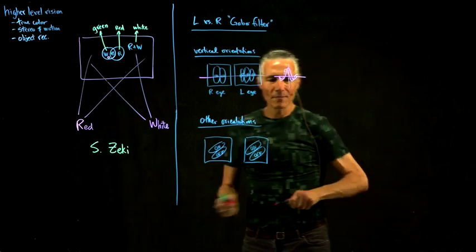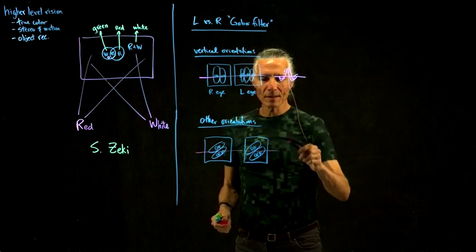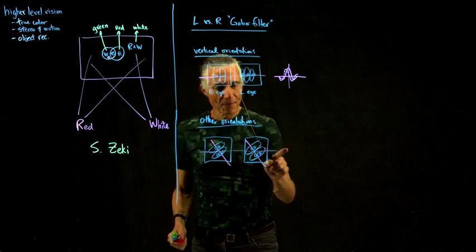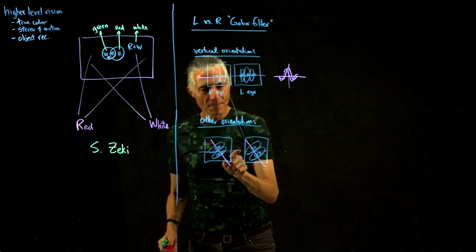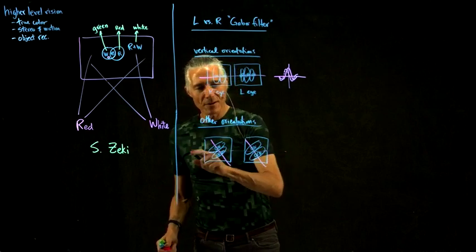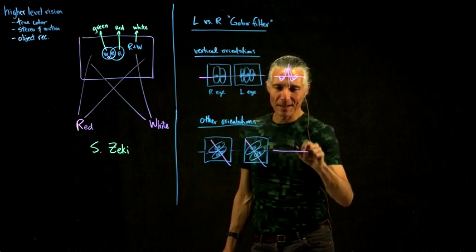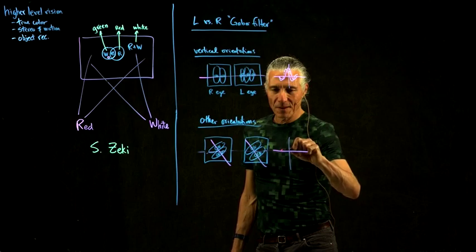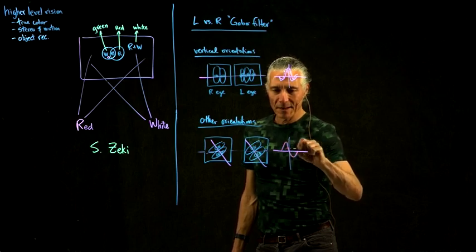So basically, sorry, I drew it the wrong way. If we go across the receptive field perpendicular to its orientation and look at the phase, if one eye looks like that, the other eye will also look like that.